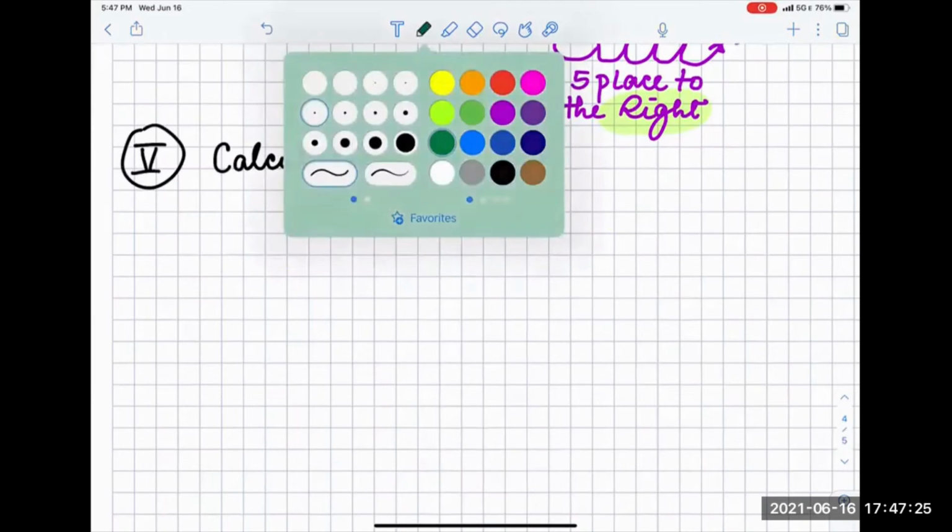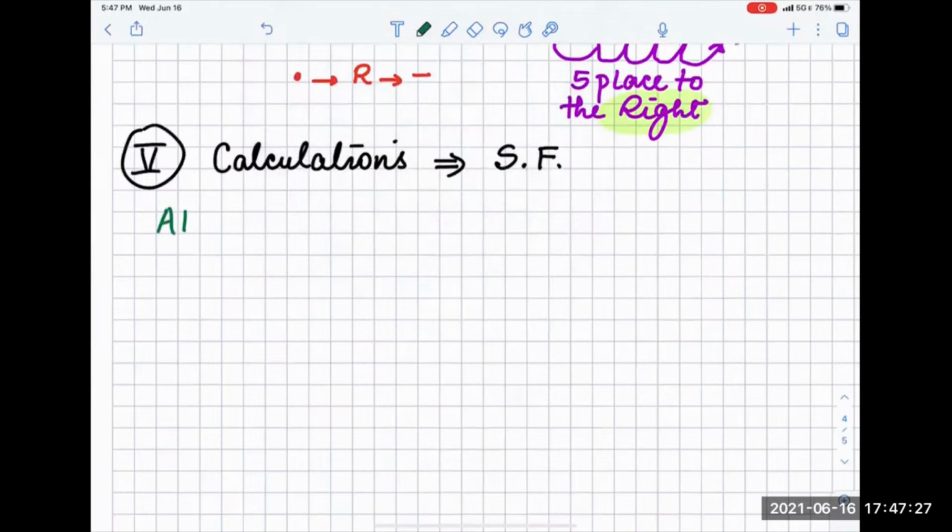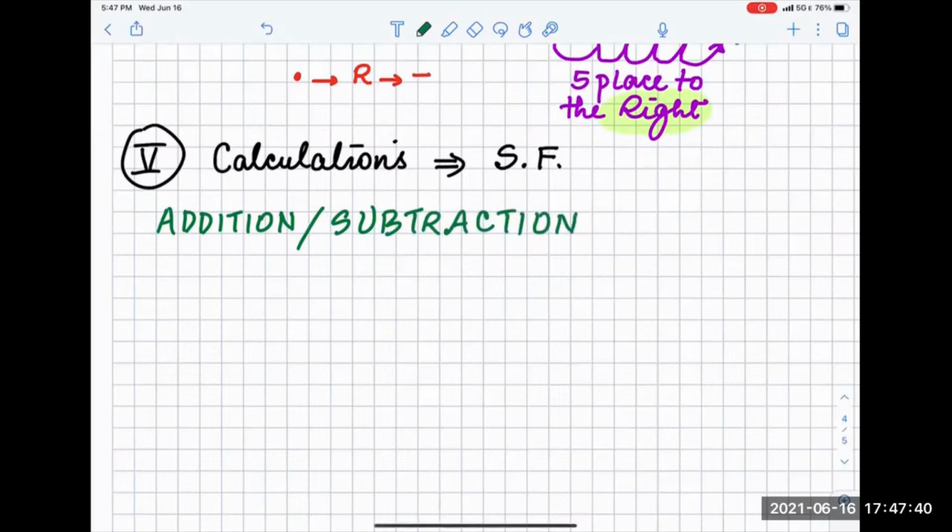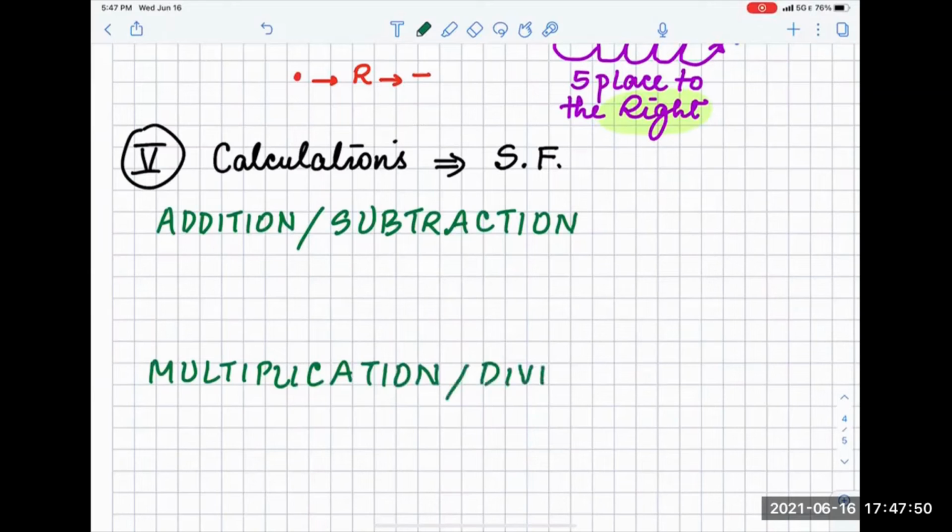One is addition and subtraction together; the rules apply for them the same. The other is multiplication and division. So what should be the final answer?